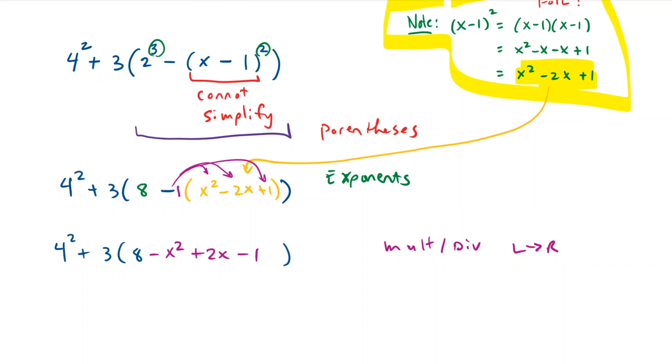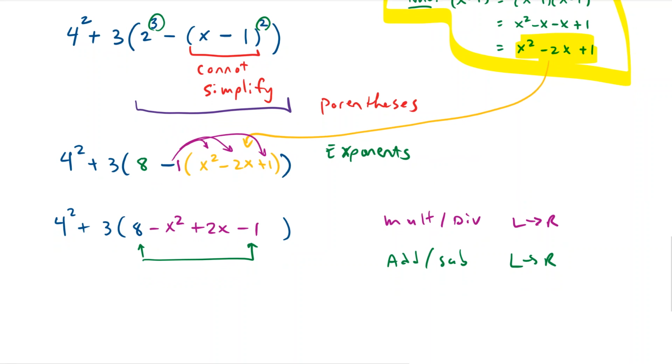We've finished everything now inside of this outer parenthesis. Oh, just kidding, we haven't. I spoke too soon. We need to do addition and subtraction as they occur moving left to right, because I see right here I have an 8 and a negative 1. I can add those together.